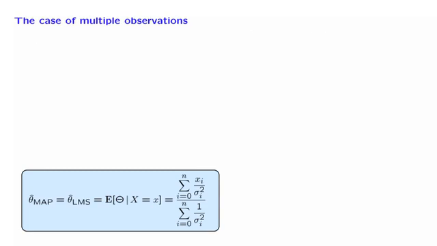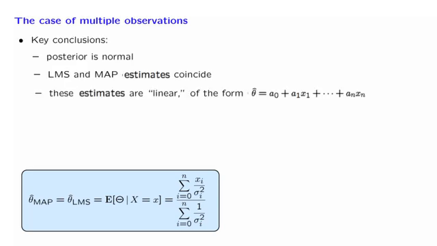Let us now conclude with a few comments and words about how to interpret the result that we found. First, let me emphasize that the same conclusions that we have obtained for the case of a single observation go through in this case as well. The posterior distribution of the unknown parameter is still a normal distribution. Our state of knowledge about theta after we obtain the observations is described by a normal distribution.